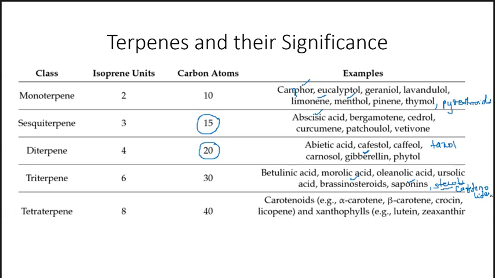Now coming to tetraterpenes, these are carotenoids, which give color to the plant. Now last, which is not included here, are polyterpenes, where n is more than 8.